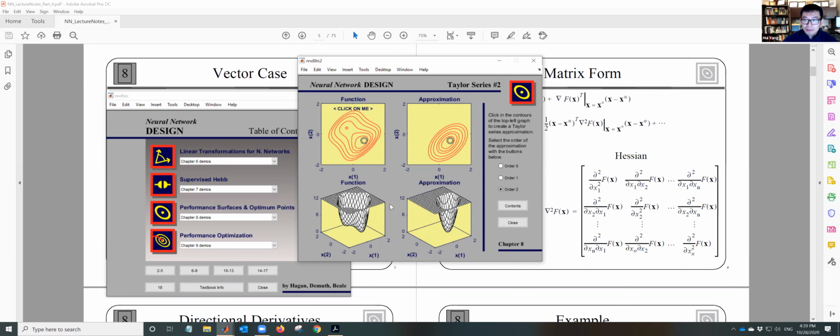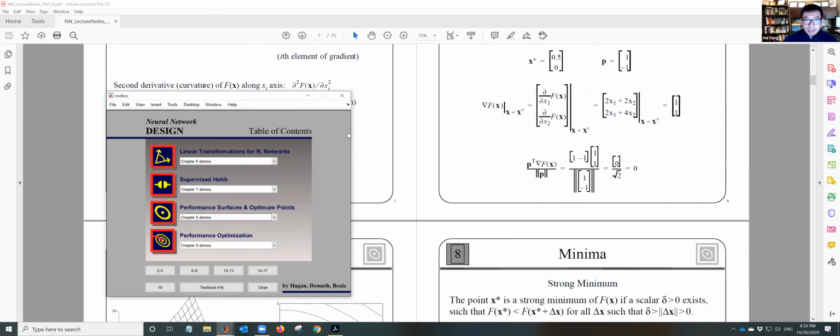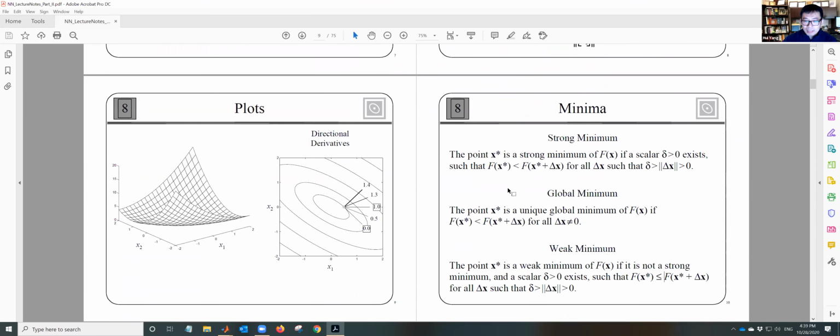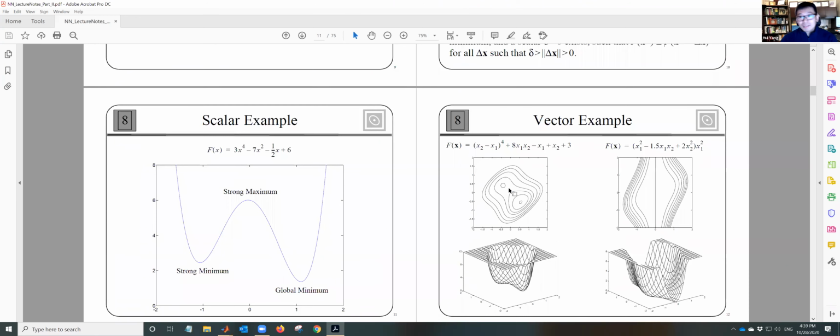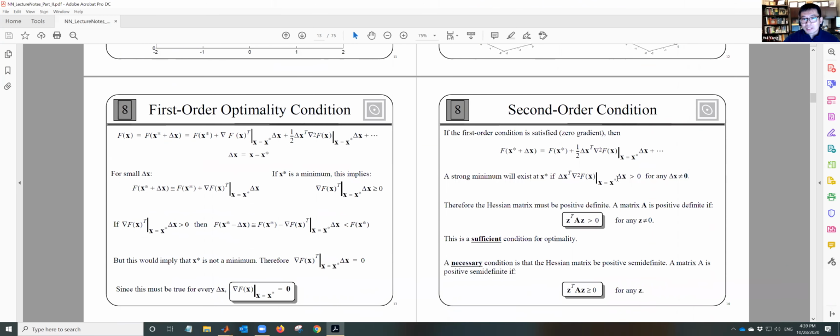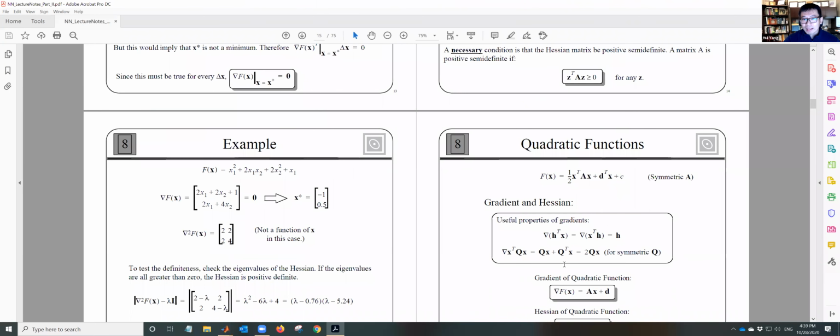And you can continue to explore the surface. So that's why we are interested in the second order, because of the Taylor series expansion. We often use a quadratic function, the second order Taylor series expansion, to approximate a local surface. If I'm making sense right now.